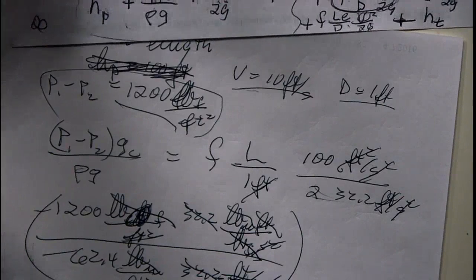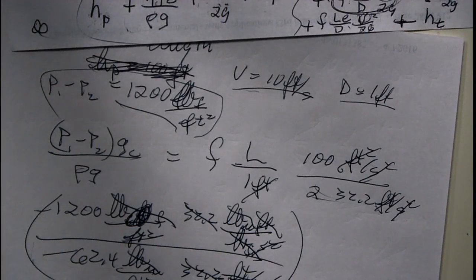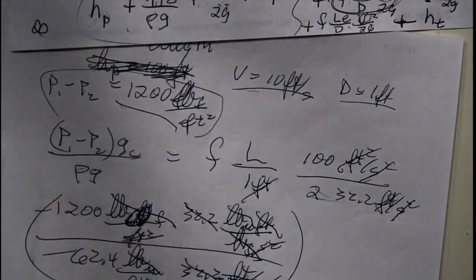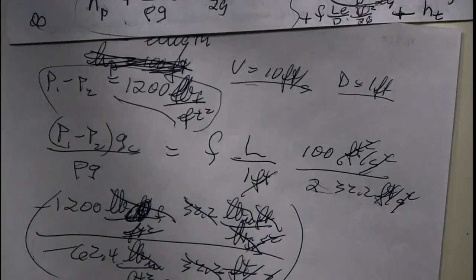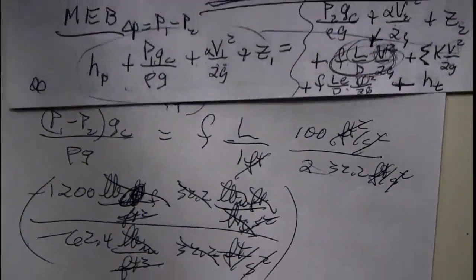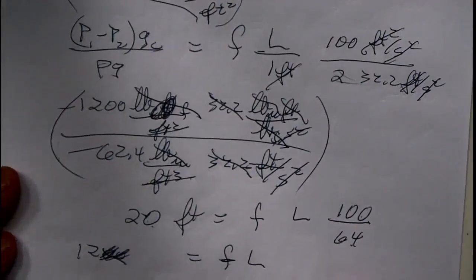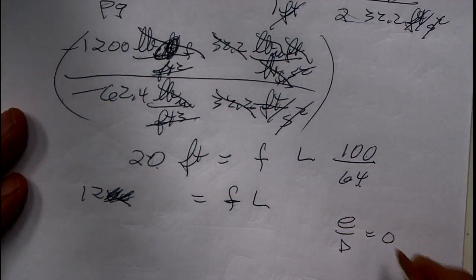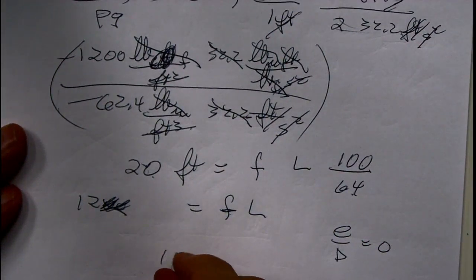And we go ahead and do the same calculations on our friction factor. Remember, friction factor, again, just for funsies, we assume epsilon over D was 0, and our velocity was 10.